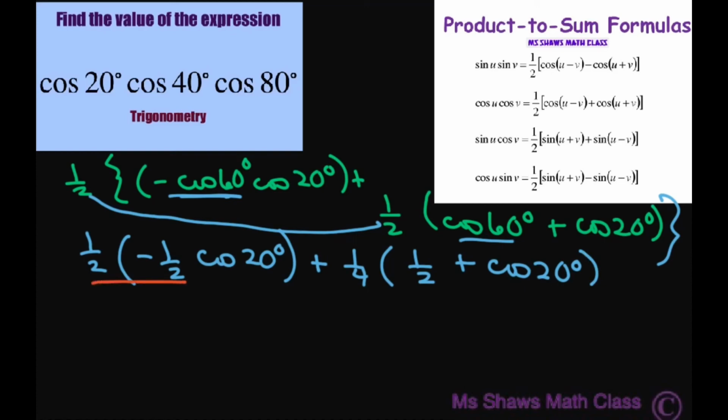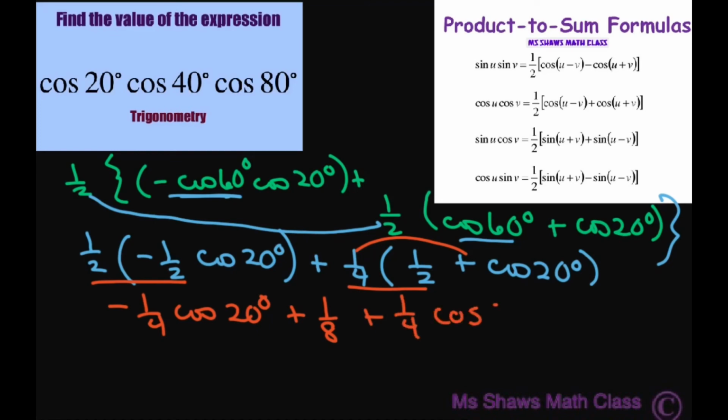This equals negative 1/4 cosine of 20 degrees. This equals plus 1/8. And this, when you multiply those two, you get plus 1/4 cosine of 20 degrees. And let's see what happens. These two cancel out. So your final answer is just going to equal 1 divided by 8, or 1/8.